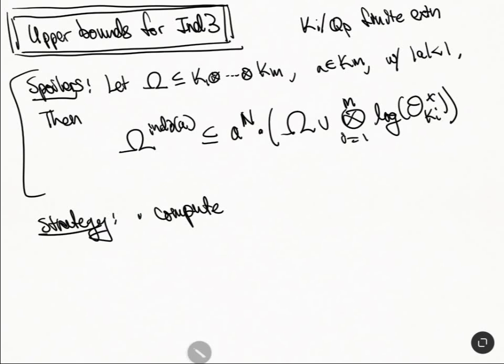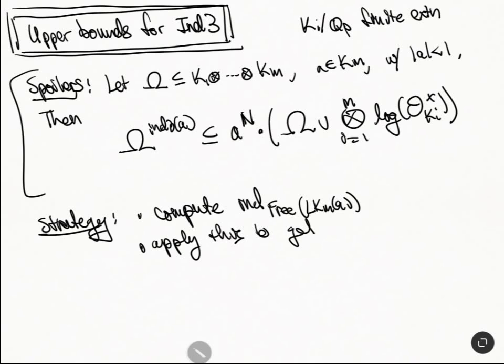We compute what Ind, the collection of indeterminacies of this thing is, and then we apply this to get the upper bound in the tensor product case.